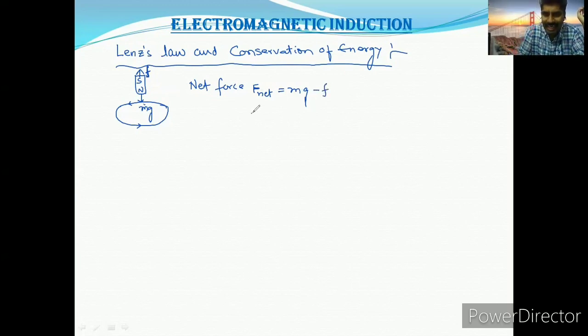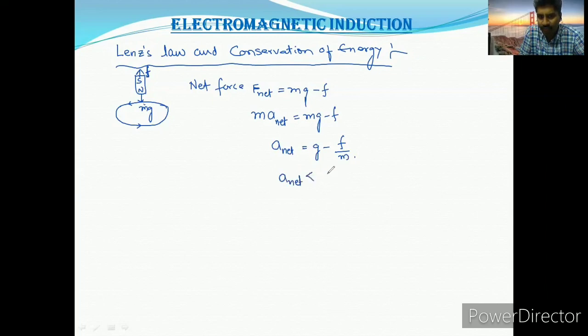We know Newton's second law, F is equal to ma. So net acceleration is equal to g minus F by m. From this we can say the net acceleration is less than the acceleration due to gravity. So this is in a closed ring.